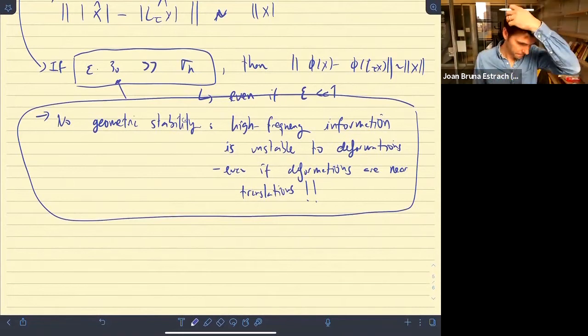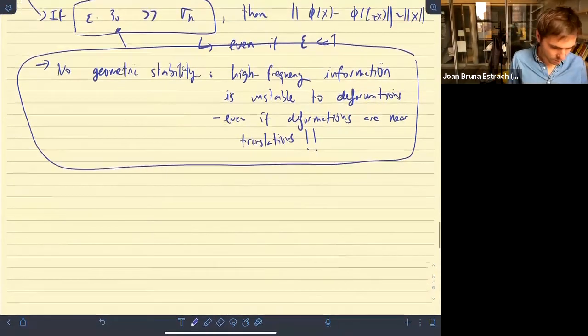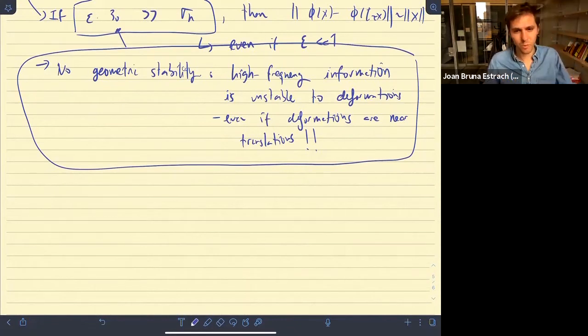Okay, so that's an important takeaway from this example. And so now we basically need to go back to our drawing board and try to figure out a better way to build invariants that doesn't have this problem. Any questions about this example? This is an important example that essentially invalidates everything we talked about last week.